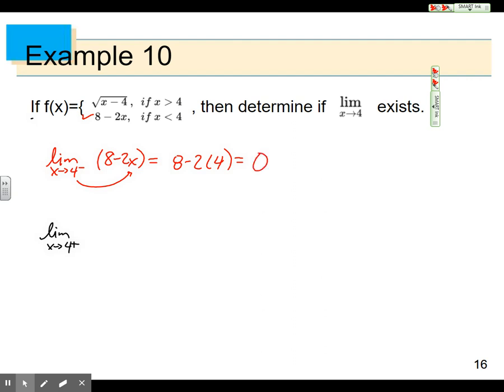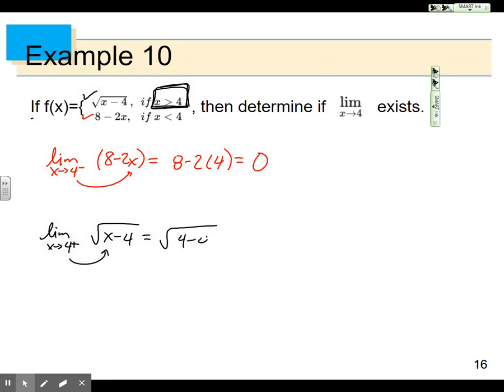Well, that's 0. So the limit's going to exist if I get 0 on this other half right here. Okay, so I'm taking the limit as x approaches 4 from the right. I'm going to have to jump up to this top one because 4 from the right is where x is greater than 4. So I still have a well-behaved function, and I am going to be able to plug in 4 for this x.